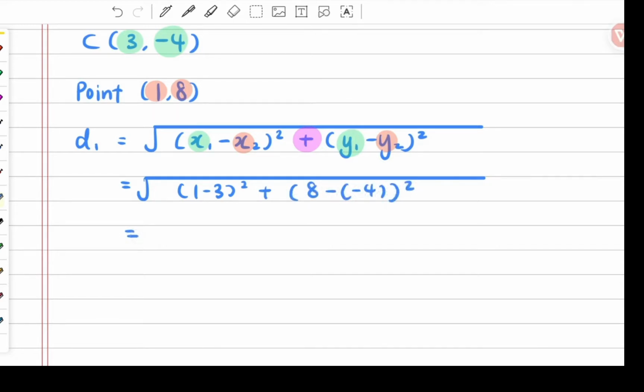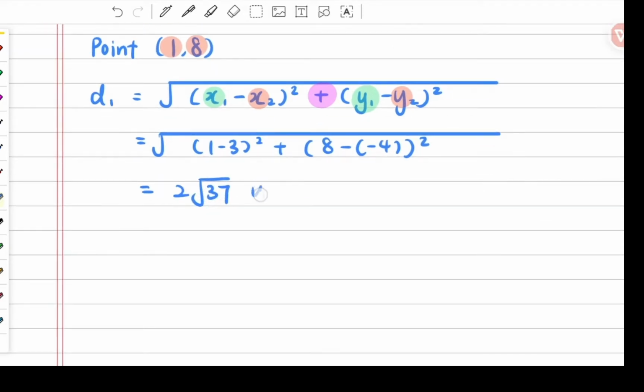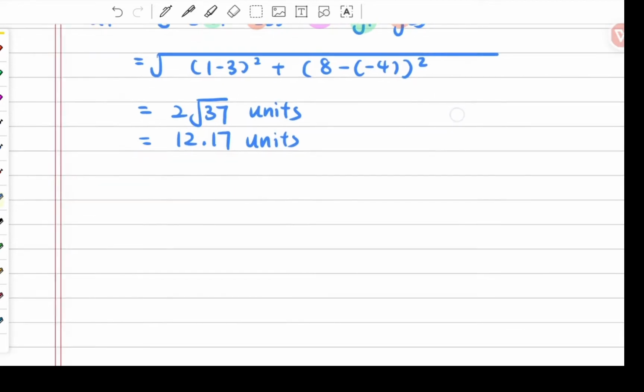the square root, so you get 2 times the square root of 37 units. If you convert it to decimal points, you will get 12.17 units. So here you can make a conclusion, because you know your R is equal to 6.